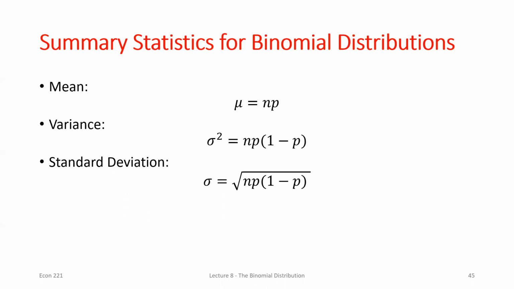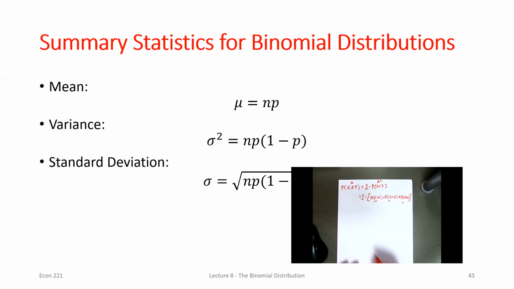Now, where this comes from, you don't have to replicate this, but the idea would be we're taking every possible outcome minus the mean, squaring it, times the probability we saw X be that value, add to that the next outcome minus the mean squared times the probability X is equal to that number of successes, et cetera, et cetera.